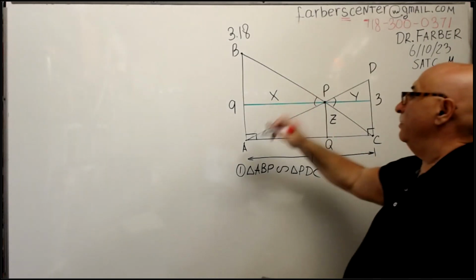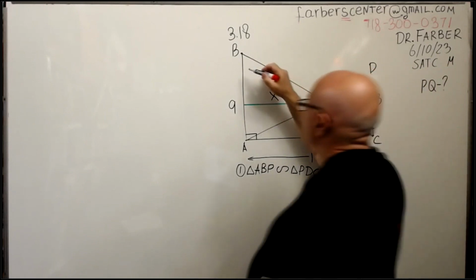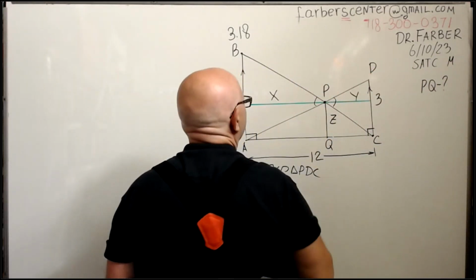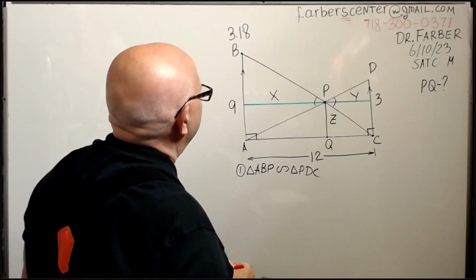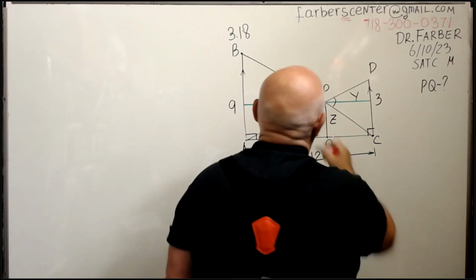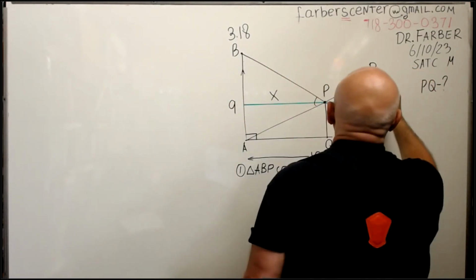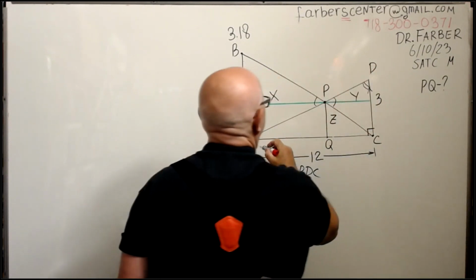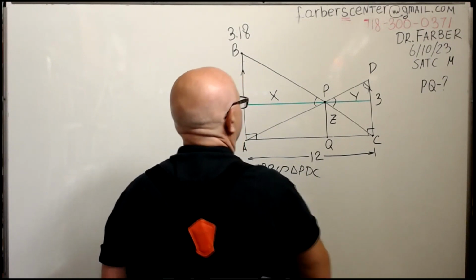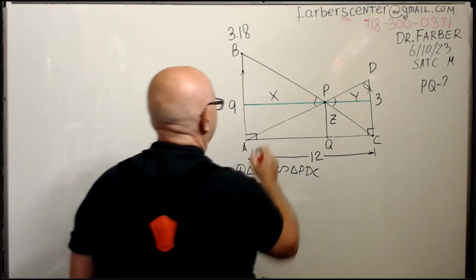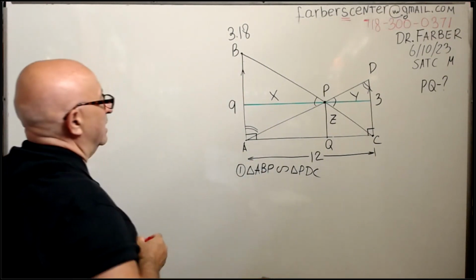Second, if two lines are perpendicular to the third line, they are parallel. So this line is parallel to this line. If these two lines are parallel and this is a transversal, these alternate interior angles are the same, and these alternate interior angles are the same. So these two triangles are similar.